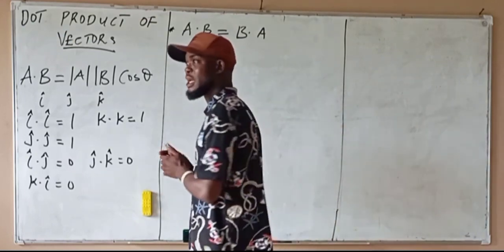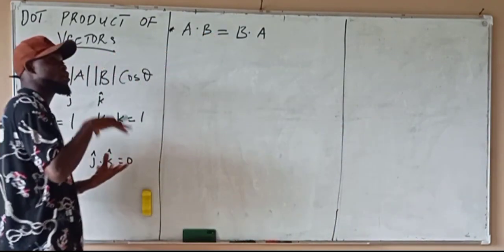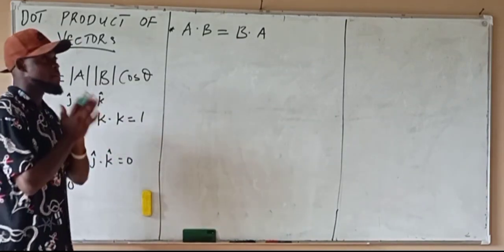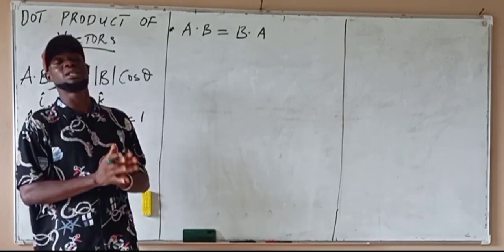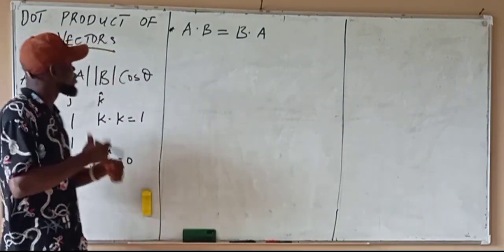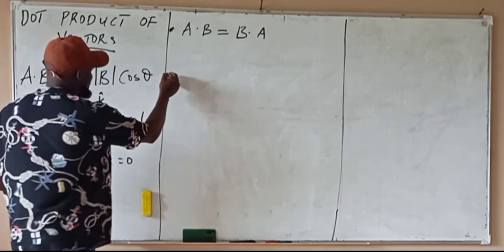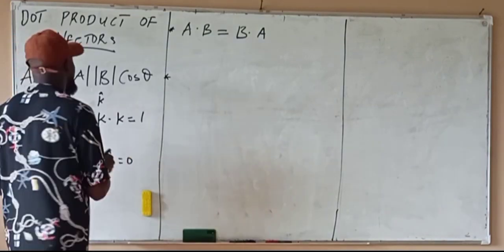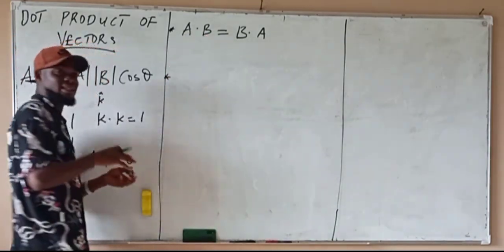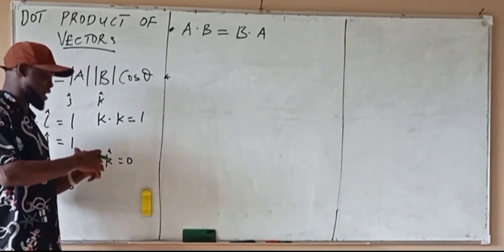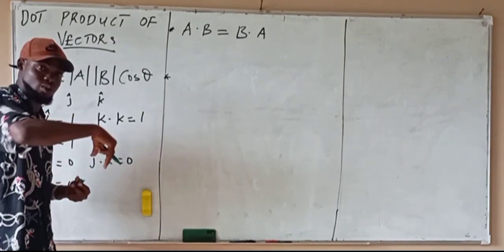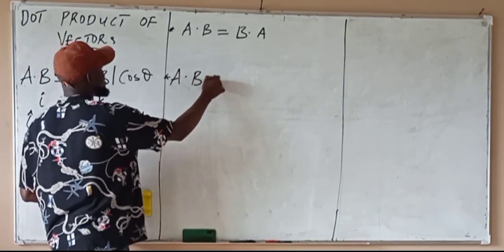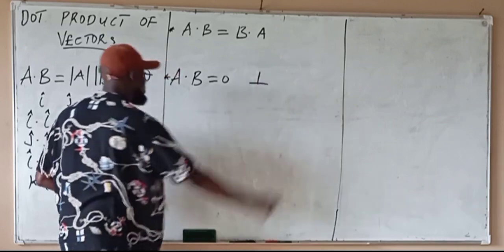How to apply this scalar product. Number one, we can use the scalar product to check if two vectors are perpendicular. If two vectors are non-zero, their scalar product will be equal to 0 if both of them are perpendicular.